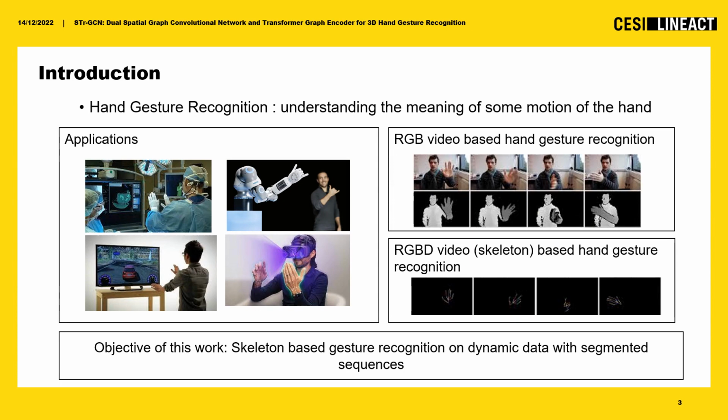And based on the chosen modality, hand gesture recognition approaches can mainly be split into two categories: image-based approaches, which employ either RGB or RGBD images, and skeleton-based methods, which use sequences of 2D or 3D Euclidean coordinates of the hand joints. And as skeleton data provides efficient computation and storage, in this work we are interested in developing a robust system for skeleton-based hand gesture recognition.